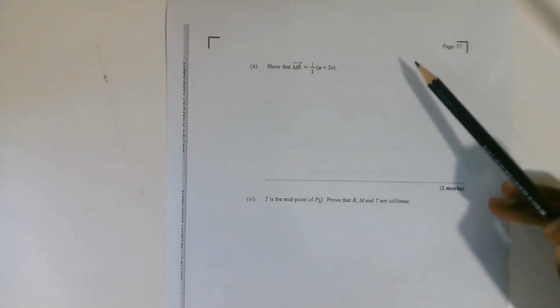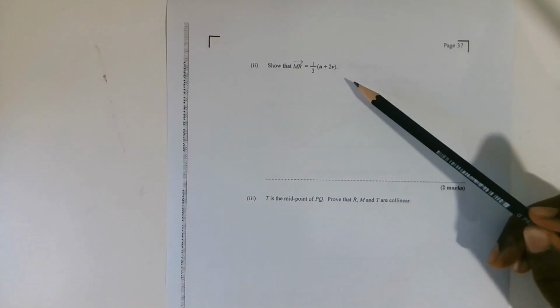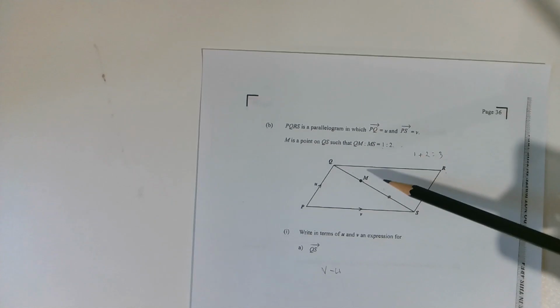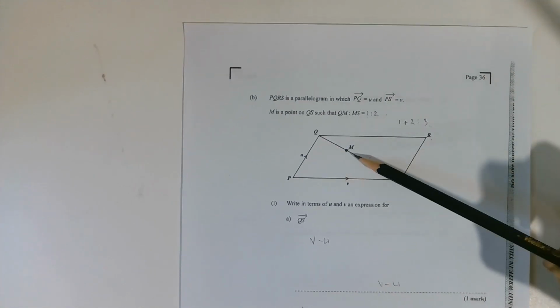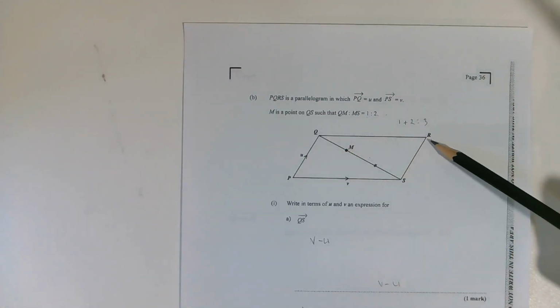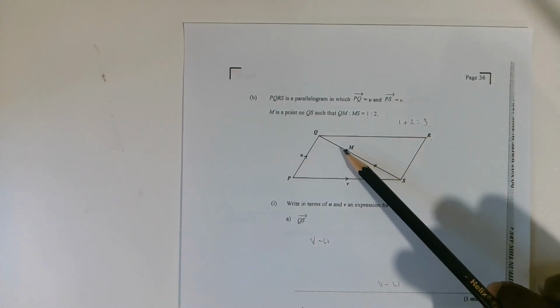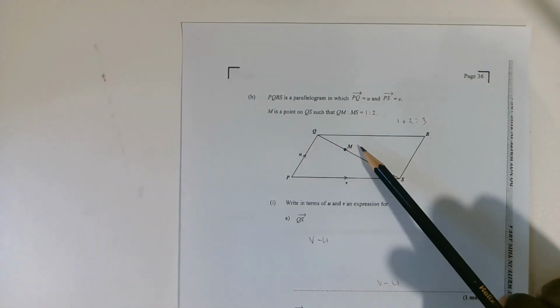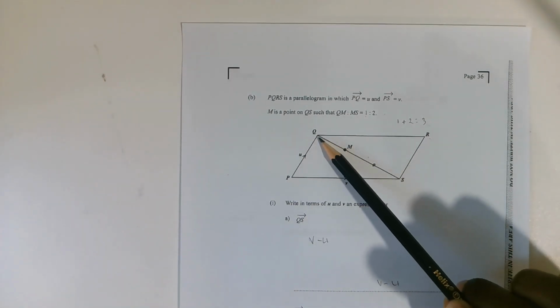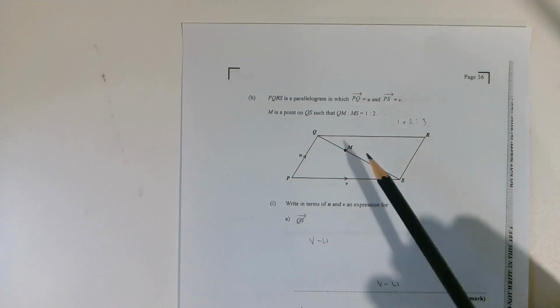The next part of the question says show that vector MR is equal to a third (U plus 2V). So we need to prove or show that MR is equal to that. Looking at our diagram, we're trying to get from M all the way to R. So M to Q to R. To do that, we'll need to split up our vector.